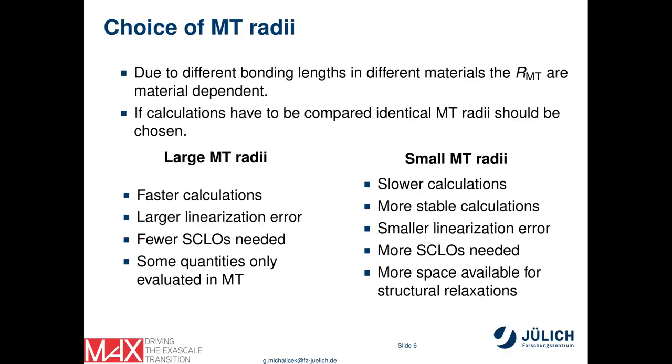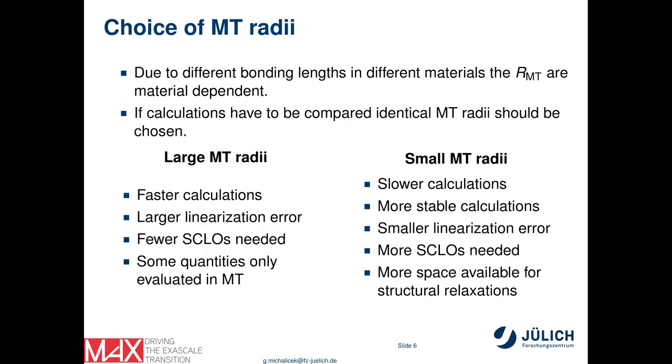So now let us also discuss the choice of the muffin tin radii. And here we can say that there is no optimal choice. The muffin tin radii that we can choose depend on the chemistry in the unit cell and on the material in general. So if we have some very small bond lengths, then we have to use smaller muffin tin radii, otherwise we can use larger muffin tin radii.